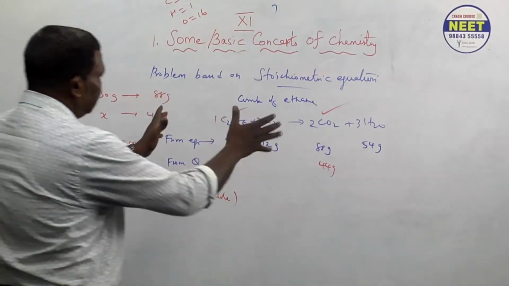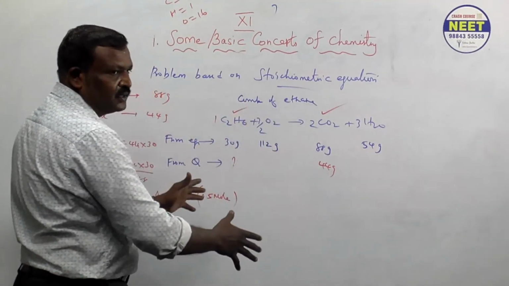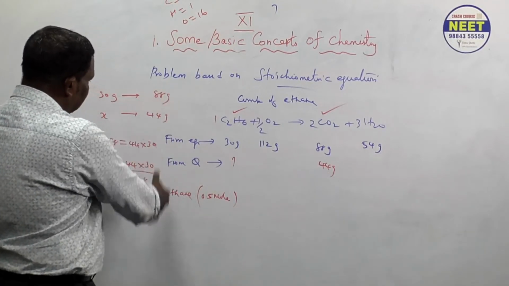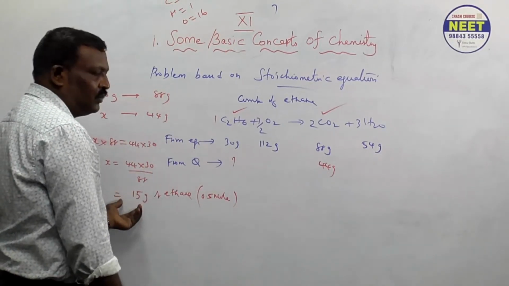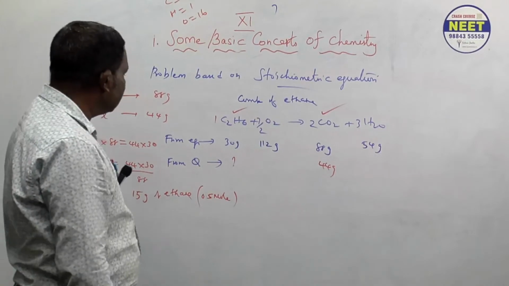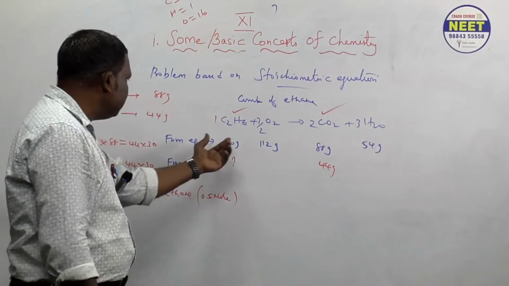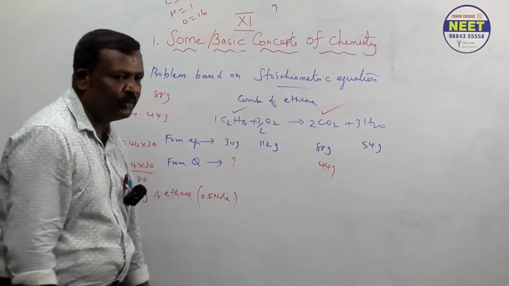Four substances are there, but I am comparing only 2 substances. From this only we are calculating. But the question asks for moles: 30 gram means 1 mole, so 15 gram means 0.5 mole. That's all.